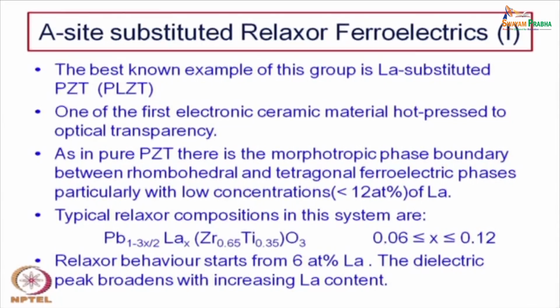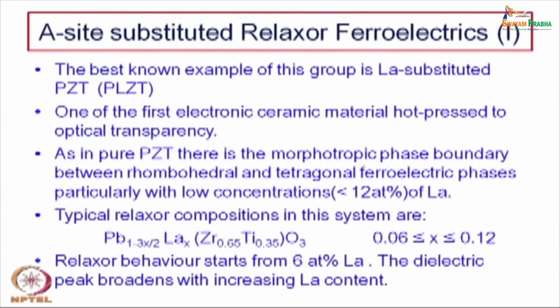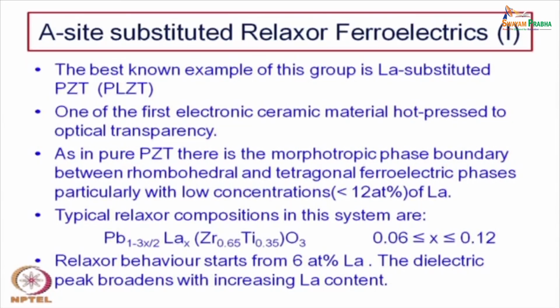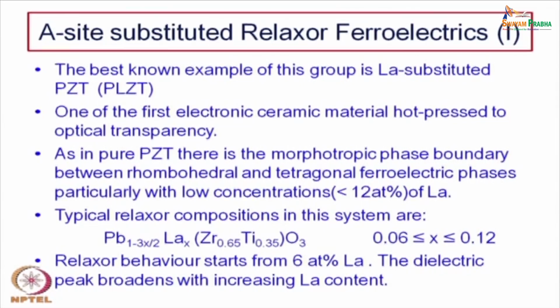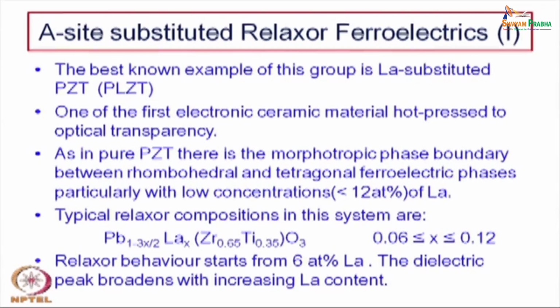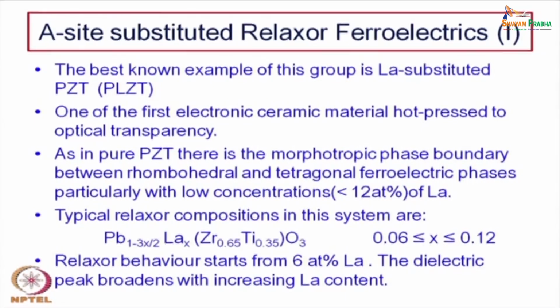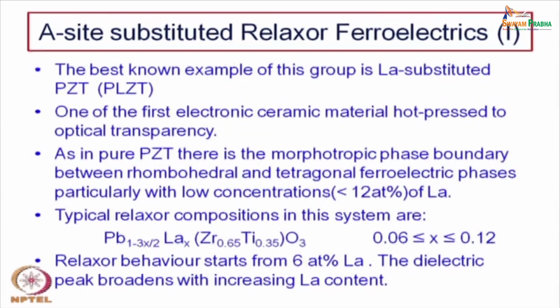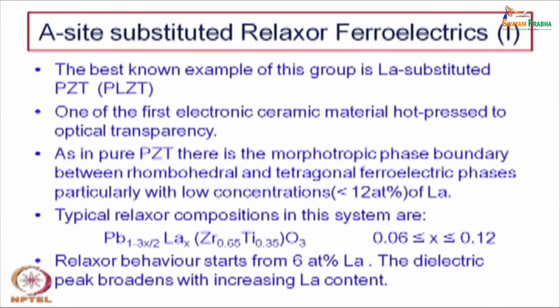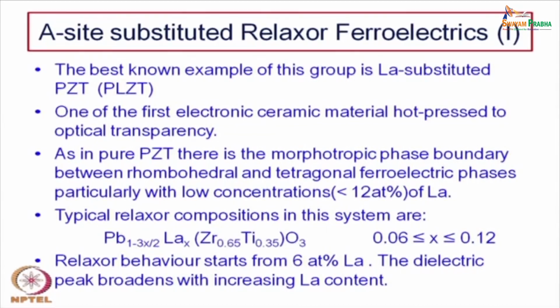However, the typical relaxor composition in this system is about Pb(1-3x/2) La(x) Zr 0.65. This composition was presented earlier, and the x value changes from 0.06 to 0.12, that is about 6 to 12 atom percent.